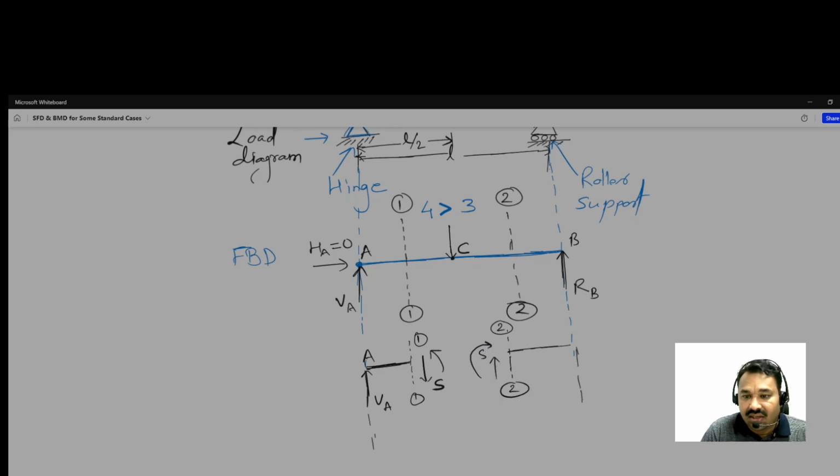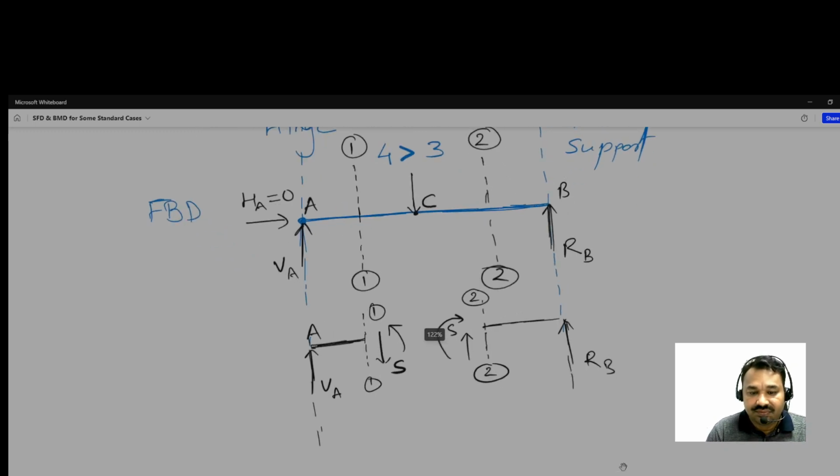Okay, and then RB here we have to show, and suppose from A it has x1 distance, ठीक है. So now our focus is this free body diagram.